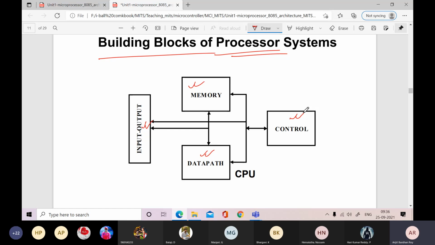So input output must be there. The data path, that means the supply of data, must be there, and control is very important. Suppose some data is coming from the input.